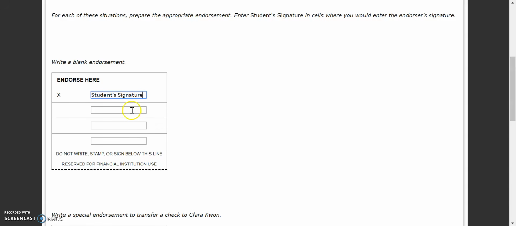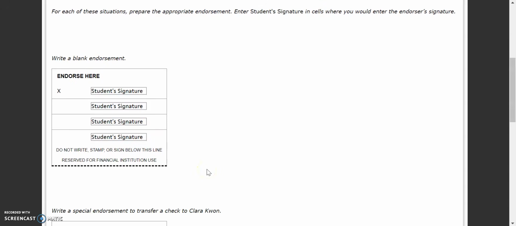It's one of their little quirks, but they want you to write student's signature on each one of these separate lines. You do not need to do it on the test or on the workbook, and you would certainly not need to do it if you were signing an actual check at the bank. But it's one of Aplia's little quirks. So just fill in the rest of them and we'll be okay.